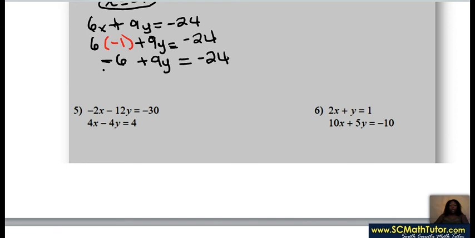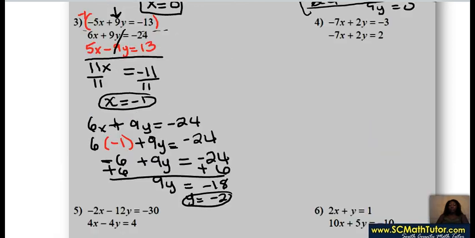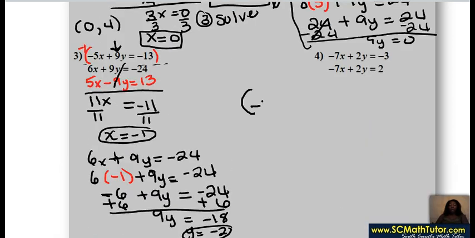So 9y is equal to -18. So your variable y is equal to -2. So the 2 numbers are -1 and -2.